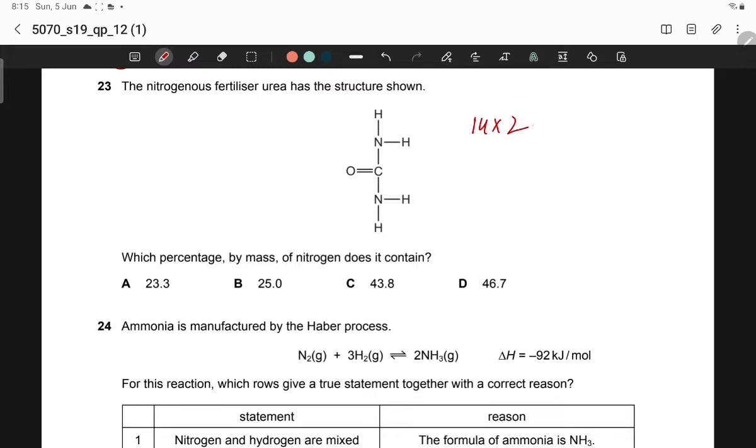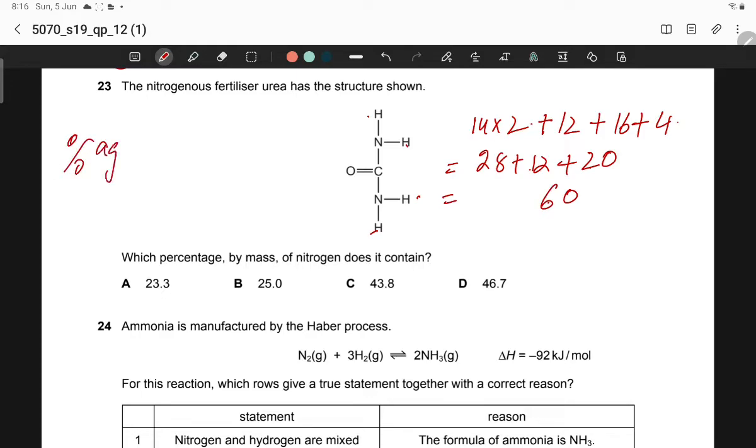Nitrogen 14 into 2, plus carbon 12, plus oxygen 16, plus 4 hydrogen. So 28 plus 12 plus 16 plus 4 is equal to 60.